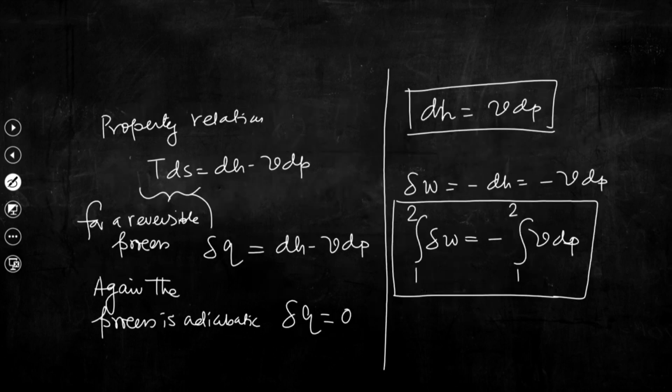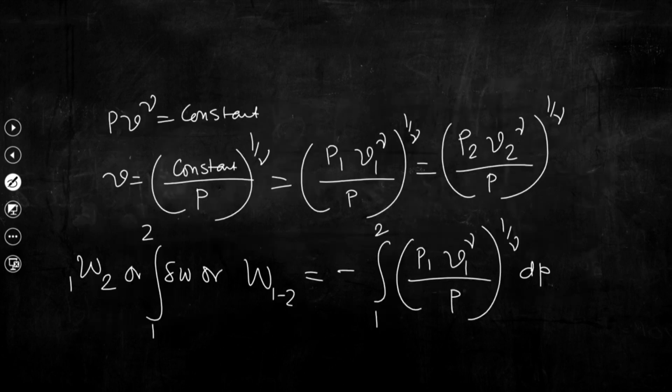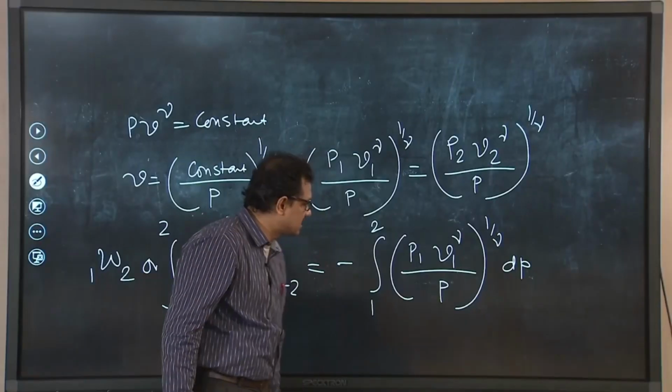So, you are using this expression, that is minus the integral from 1 to 2 of VdP. Here V is replaced by P1 V1 to the power gamma by P to the power 1 upon gamma. You can also write P2 V2 to the power gamma by P to the power 1 upon gamma, that is up to you. Now, what can we do next? You can understand that P1 is known. Basically, the objective was to relate specific volume with P, so that we can perform this integration.